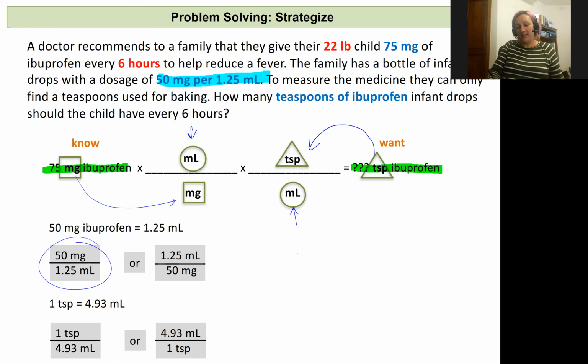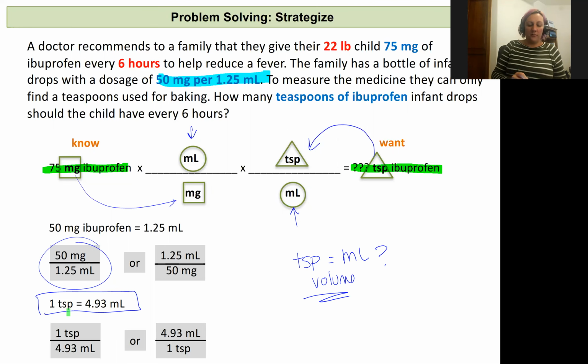So then I can ask myself the question, do I have a way of converting teaspoons to milliliters? And these are both volume. And so I should be able to look that up easily in an English to metric conversion table. And sure enough, 1 teaspoon equals 4.93 milliliters.